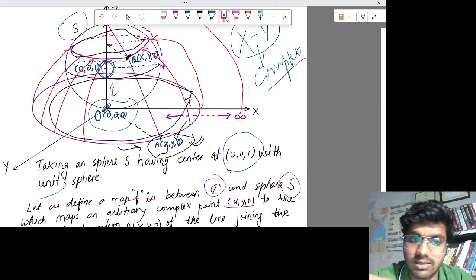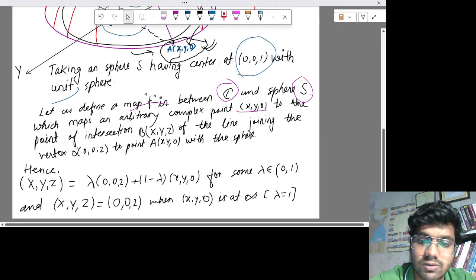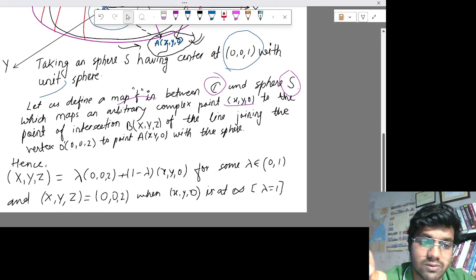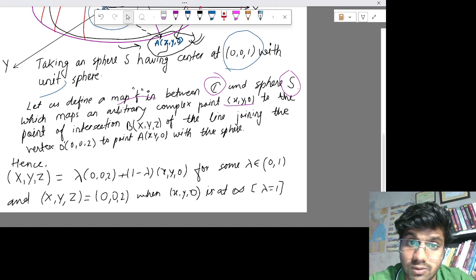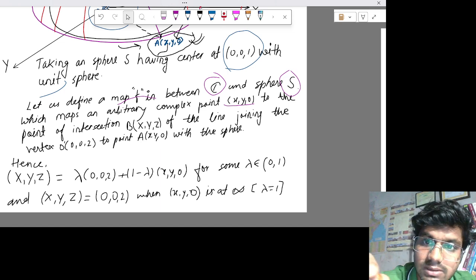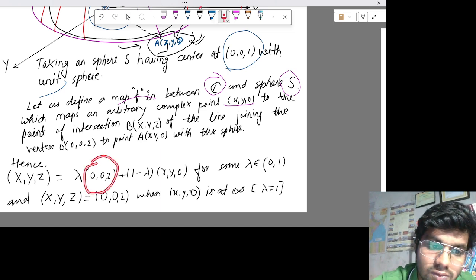So you cannot take lambda equal to 0 at all times, and lambda equal to 1 gives x, y, z equals 0, 0, 2.